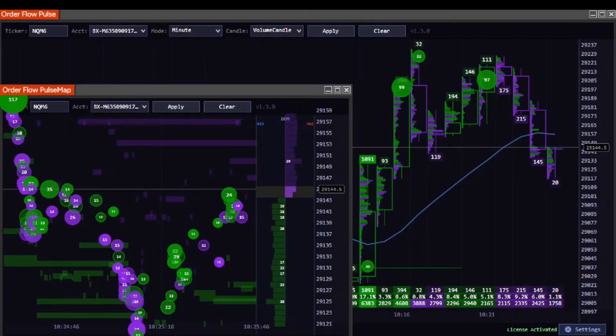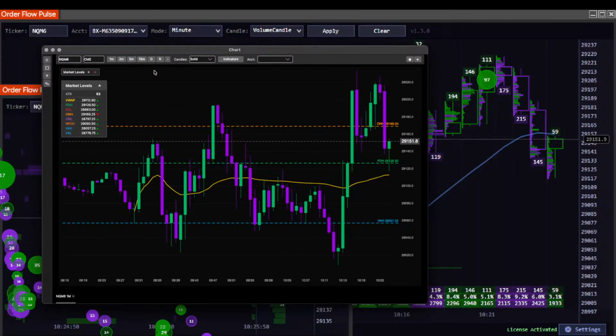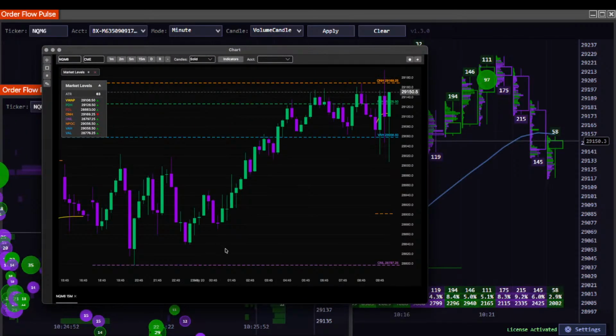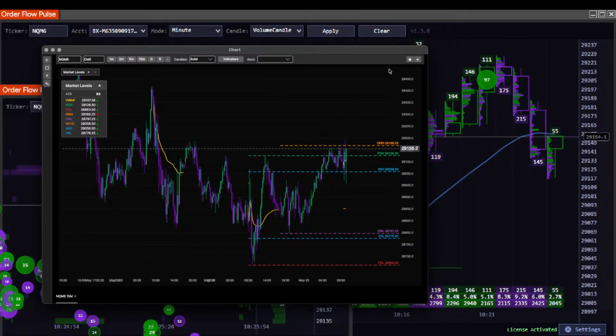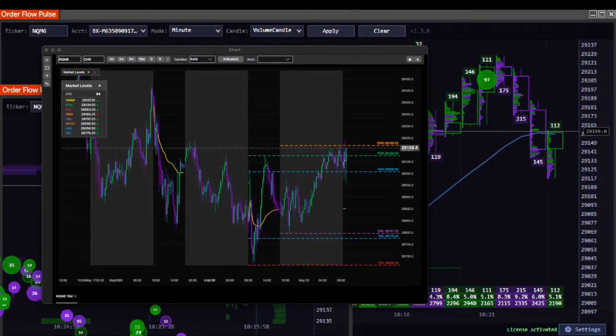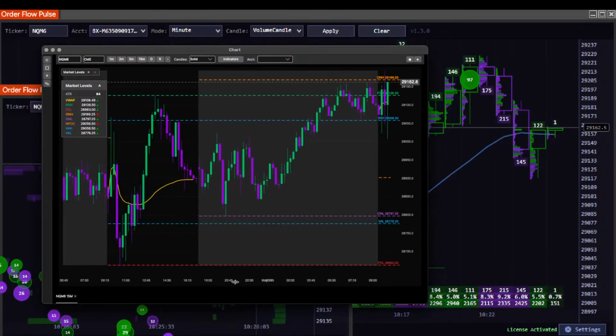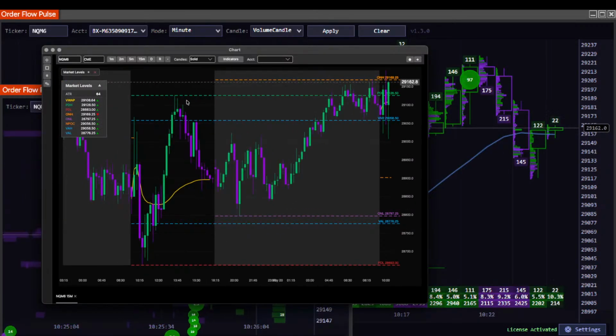Previous day highs, we're bouncing off of it on the NQ right here. As you can see, previous day's highs on the NQ, we're kind of bouncing off of that.